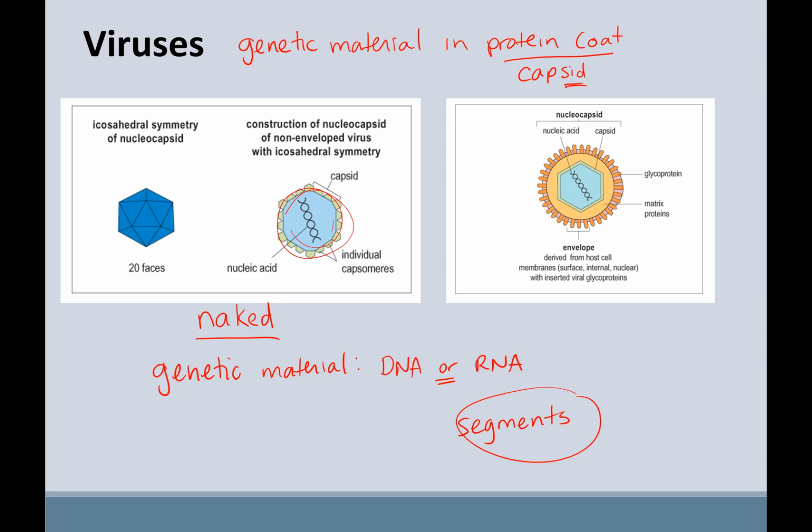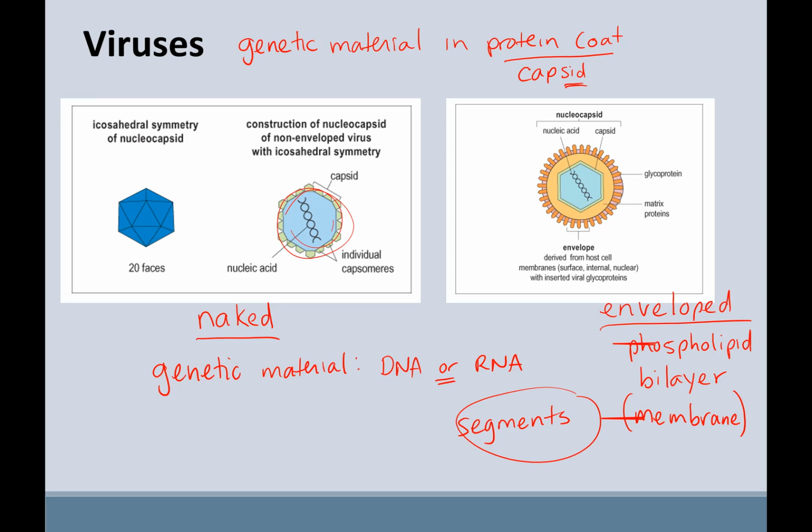The second major type of virus is called enveloped. And the envelope is basically a phospholipid bilayer. So a membrane that the virus steals from the host cell.